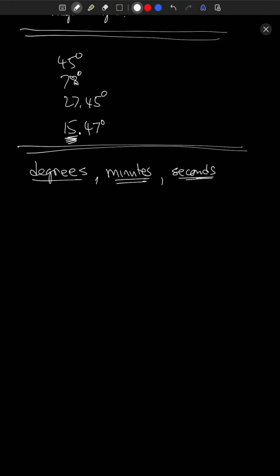Okay, so maybe one explanation for this is that maybe people weren't comfortable with fractions. Maybe it has something to do with the fact that people were comfortable with time, right? With fractional, so minutes and seconds in terms of time, everybody's comfortable with, right? A minute is 1/60th of an hour, right? It's a fraction of an hour. And 1 second is 1/60th of a minute, right?